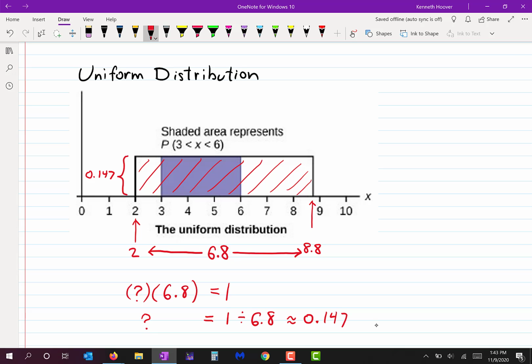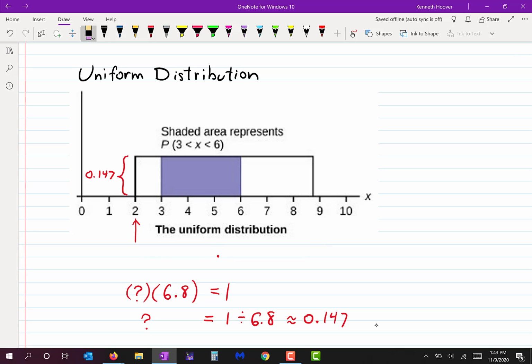Now let's erase some of this stuff here. That shaded purple part, this is what you need to know. This is going to be really important for almost everything we do from this point forward.